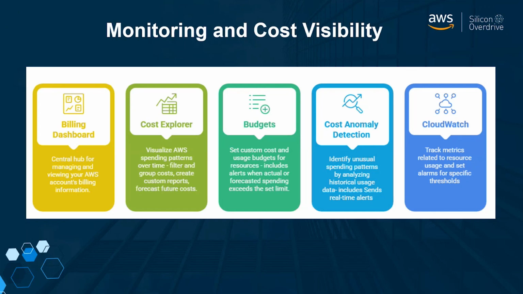That's going to be detected as an anomaly, because based on your spend patterns, you typically don't accumulate that kind of spend over a period of time. So that is identified as an anomaly, and you can get a real-time alert, allowing you to go into your account and look at what that anomaly is, whether it is something that needs to be there, or something that needs to be remediated.